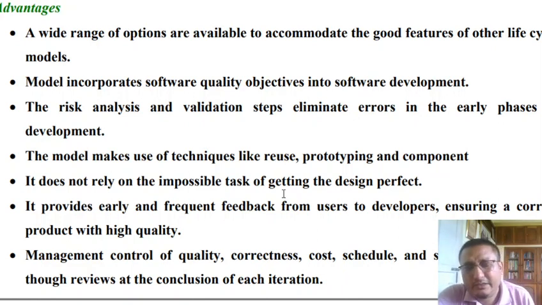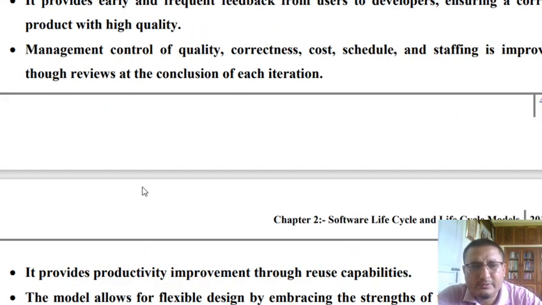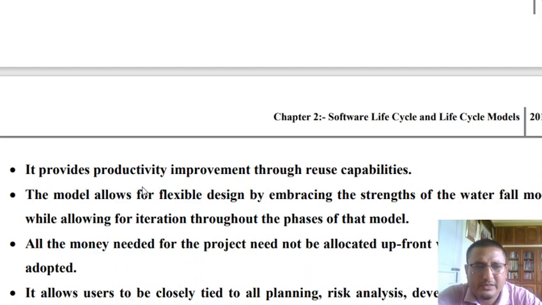It also becomes very easy to monitor and control the various aspects such as quality, correctness, cost, schedule, and staffing in the spiral model. These are a few notable advantages that the spiral model has.